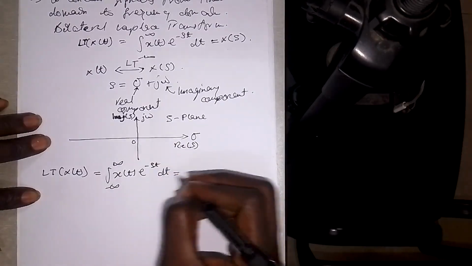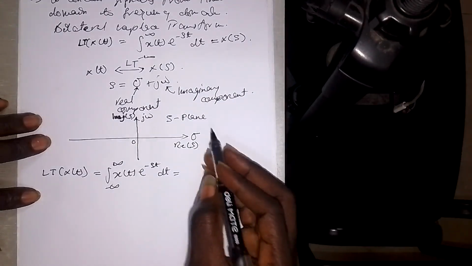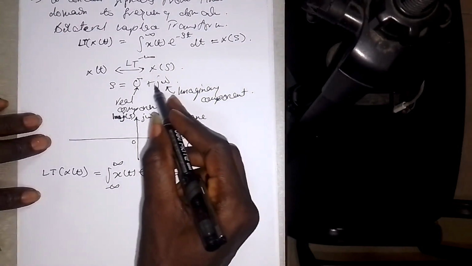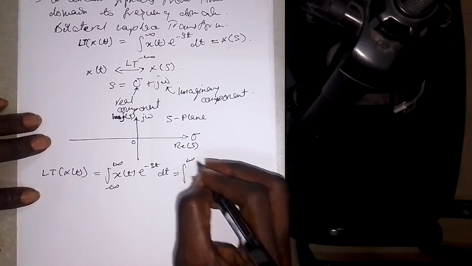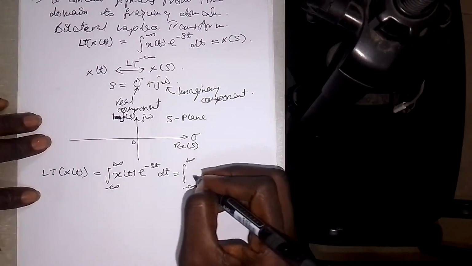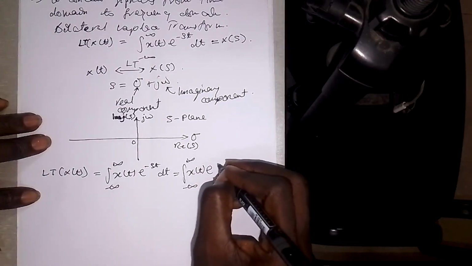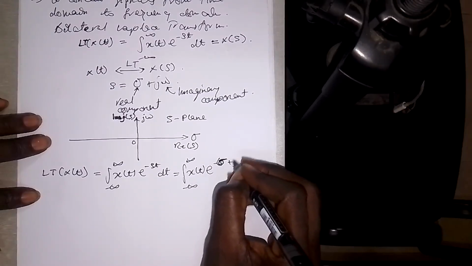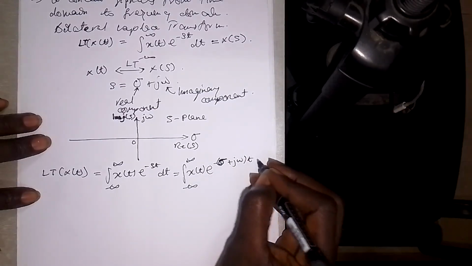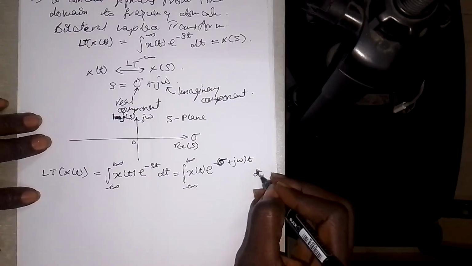We can also break the s into these components. So I can write the integral from minus infinity to infinity of x(t) e^(-(sigma plus j omega)t) dt.